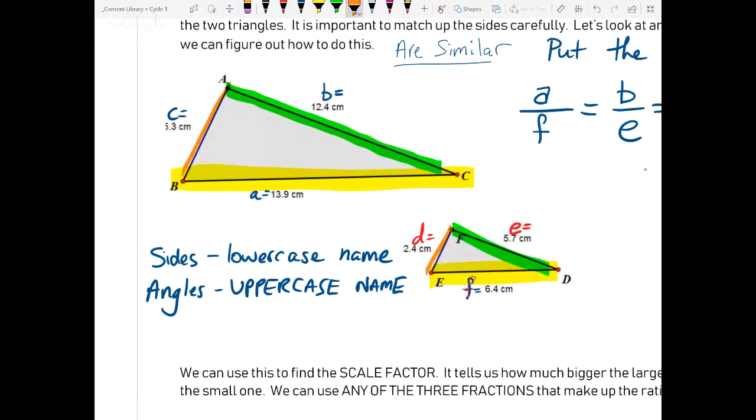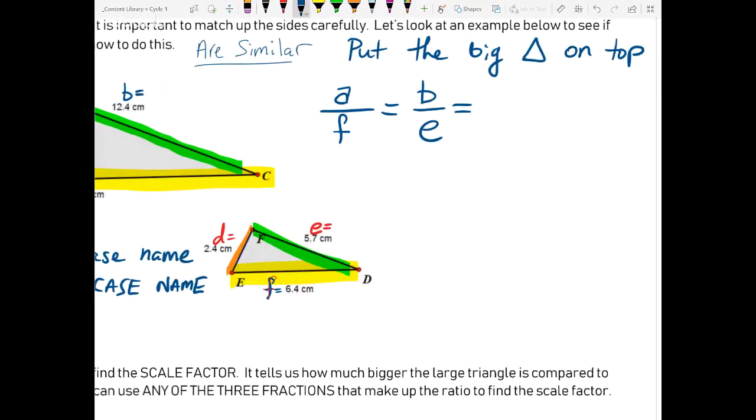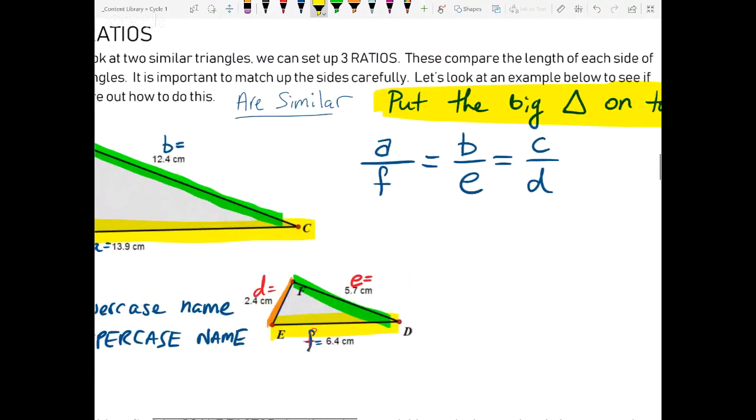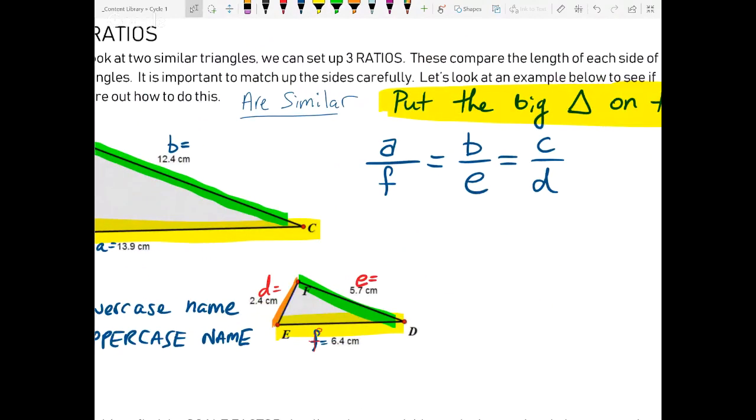C and D. And again, I always put the big triangle on top. There's nothing magical about that. The math works if you put the big triangle on the bottom, but you'll get nicer numbers this way. And if you just give yourself a rule that you always follow, you're less likely to screw up. Does that make sense? So if we just say, hey, always put the big triangle on top, that's easy.